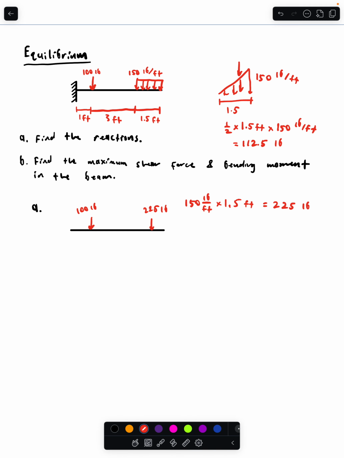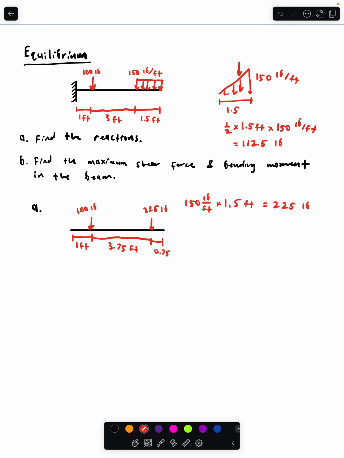And there's a bunch of different distributions they could throw at you. So this 100 pound load is 1 foot in, and then we're going to do 3 feet plus half of this 1.5, so plus 0.75 to get 3.75, since we're at the centroid, and there's another 0.75 to the end of the beam.